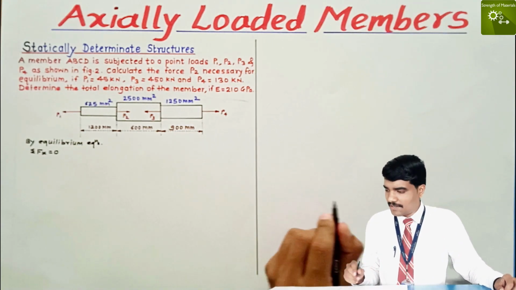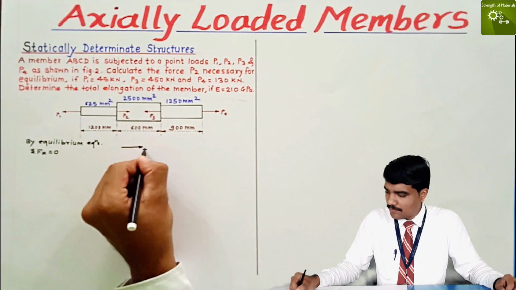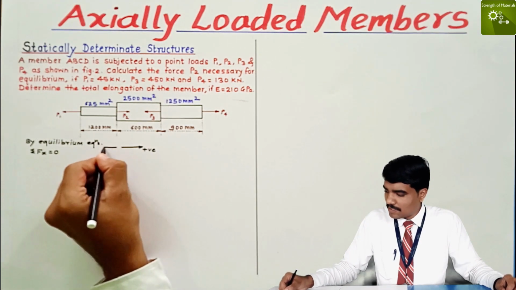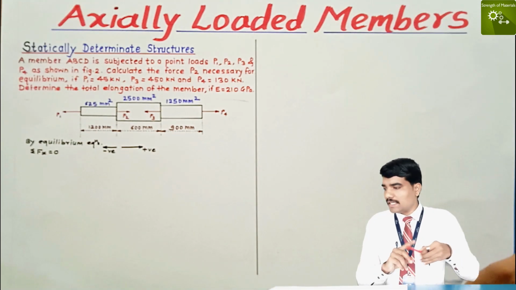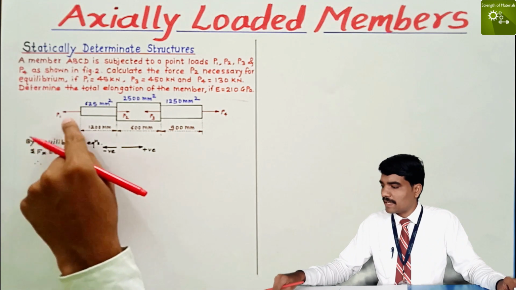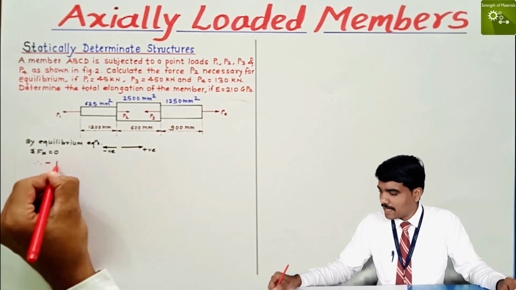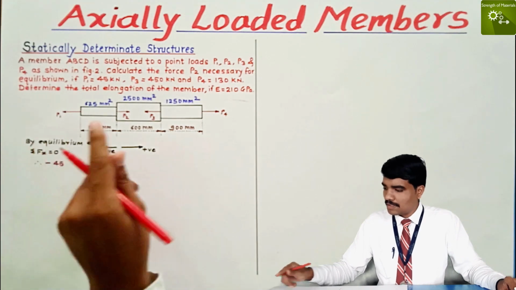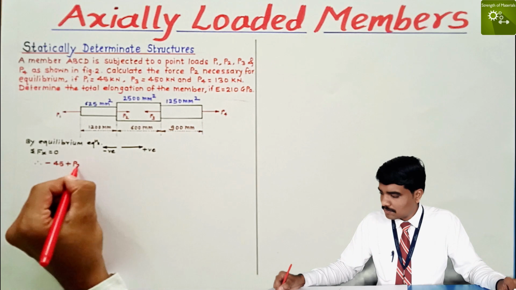There are some sign conventions. If forces go towards the right, we take positive, and forces going towards left, we take negative. Okay, let's see that P1 force goes towards left and that P1 is 45 kN. That's why we write here minus 45. P2 goes towards right, so plus P2.